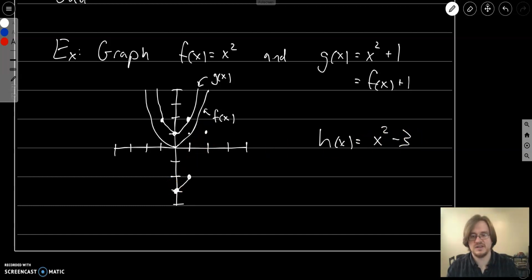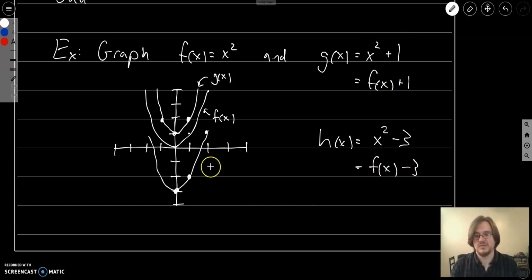So we start to see that our parabola has now shifted down. I apologize for my bad drawings, but essentially we can see that when you add a number to the function, we're going to shift it up, and then when we subtract a number, we're going to shift it down.